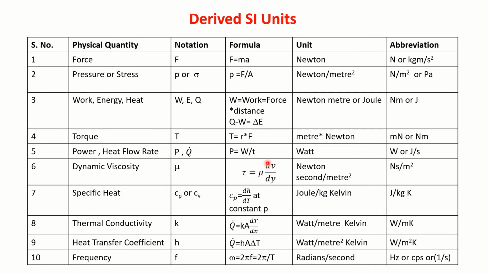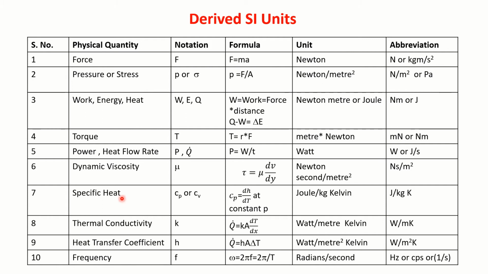According to Newton's law of viscosity, tau is equal to mu dv by dy. This is velocity gradient. By substituting the units of tau, velocity and distance, the unit of dynamic viscosity will be Newton second per meter square.